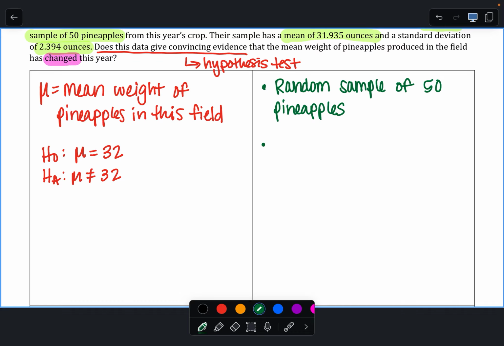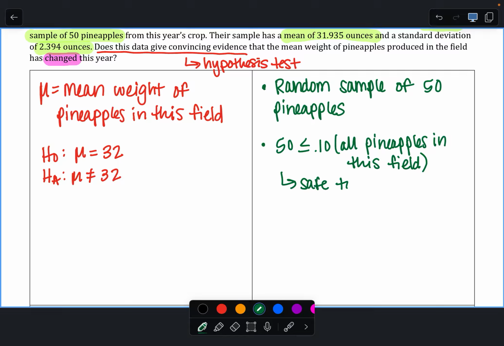Then we're going to say it's safe to assume that there are more than 500 pineapples in this field. And I'm just going to say safe to assume.